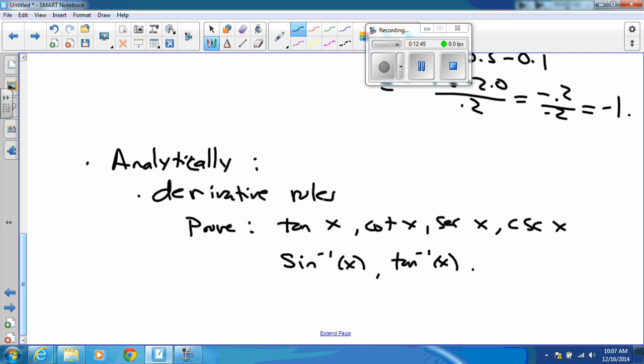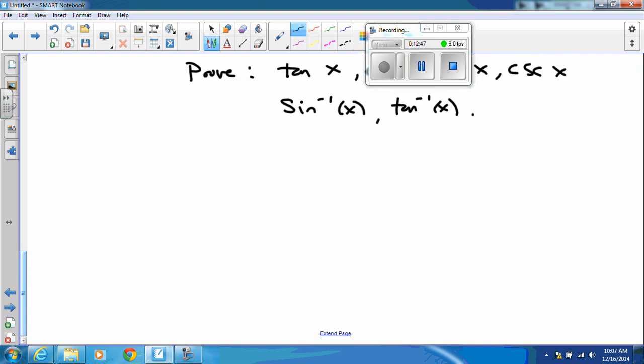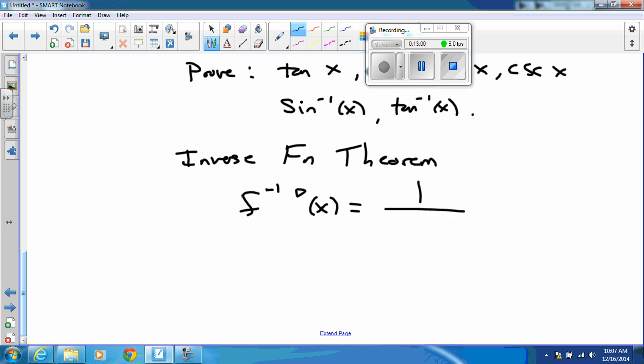The one that does need a little special care and feeding is the inverse function theorem. So I'm going to take a minute to talk about that. First of all, our form, which is that the derivative of f inverse of x is equal to 1 over f prime of f inverse of x.